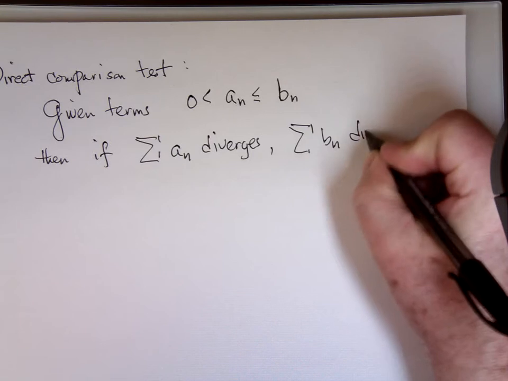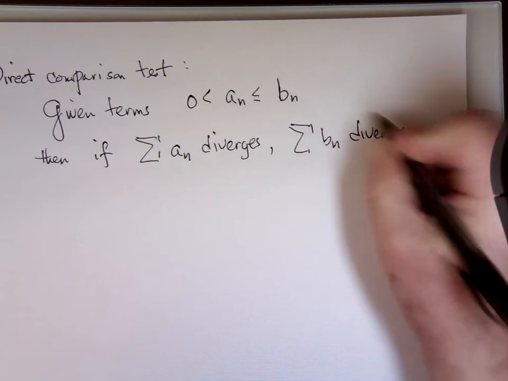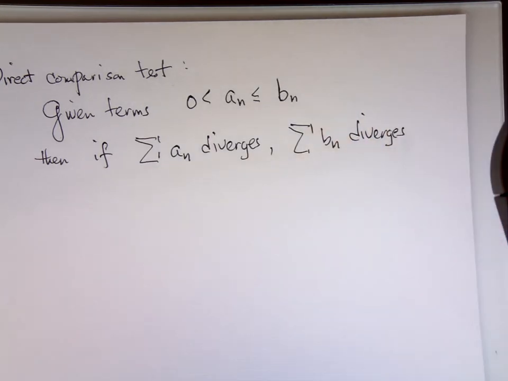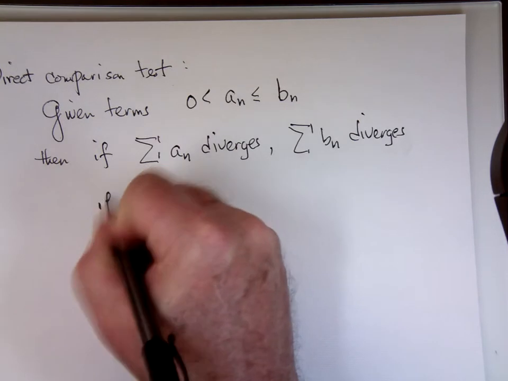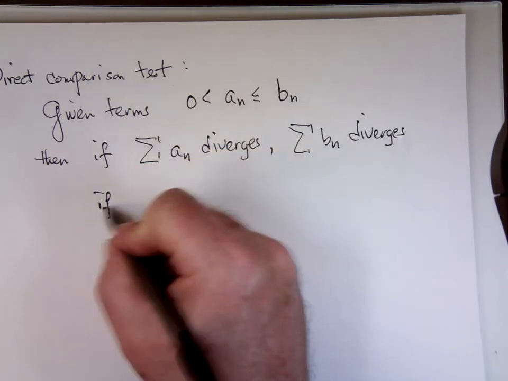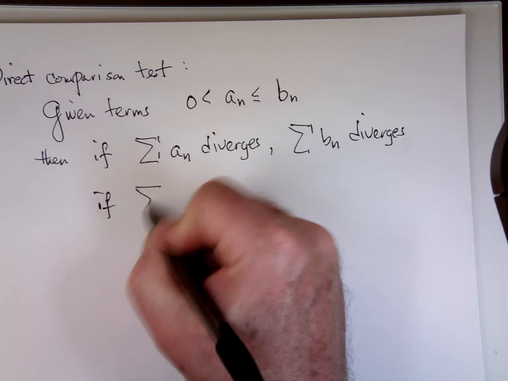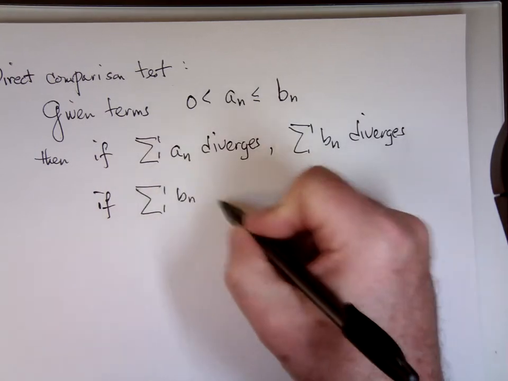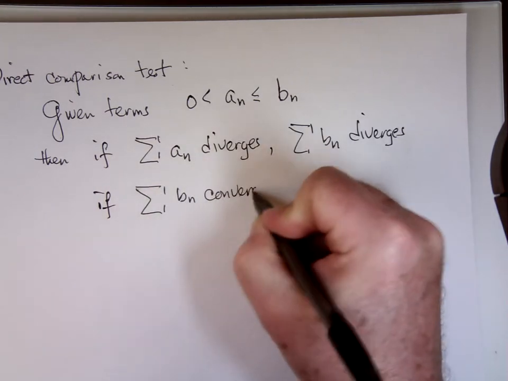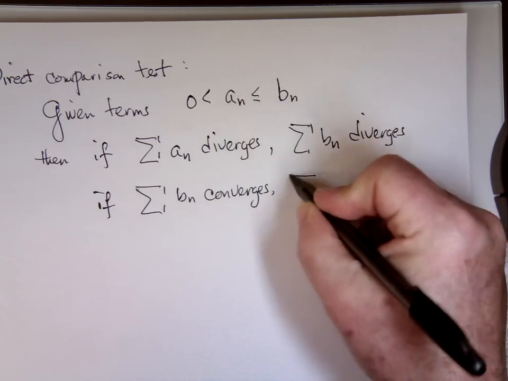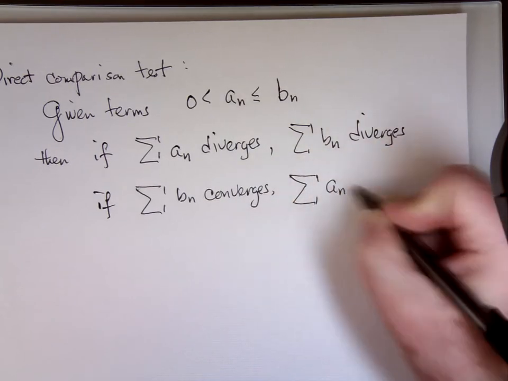The b series consists of greater than or equal to terms of the a series. The a series diverges, goes to infinity. Therefore, the b series must go to infinity as well and diverge. If the bigger series, the b series, converges, the smaller series also must converge as well.